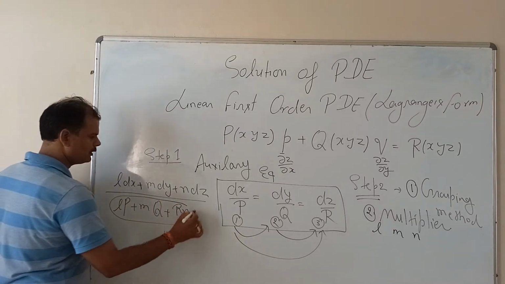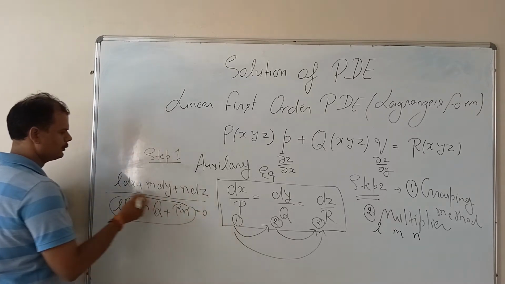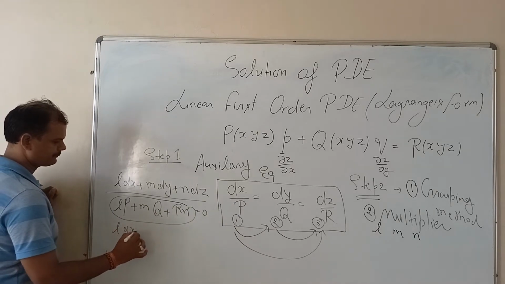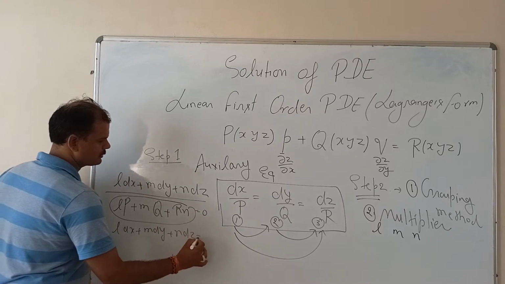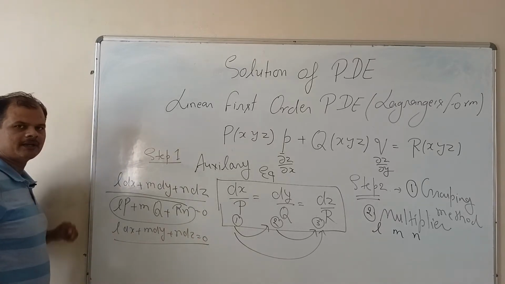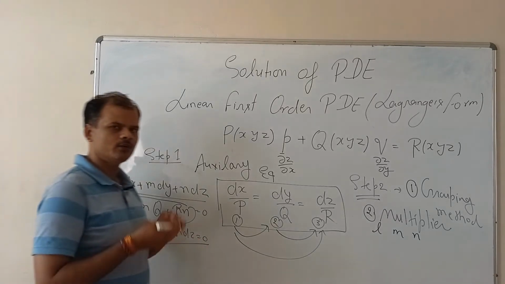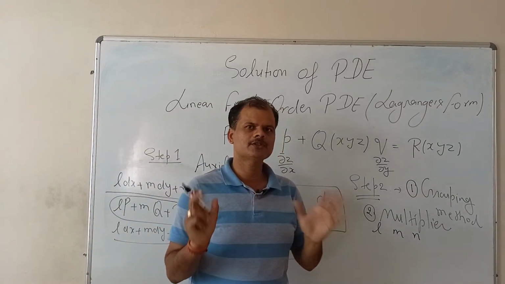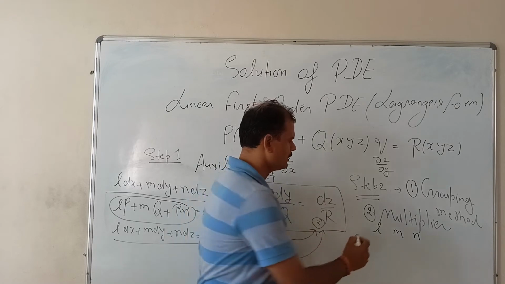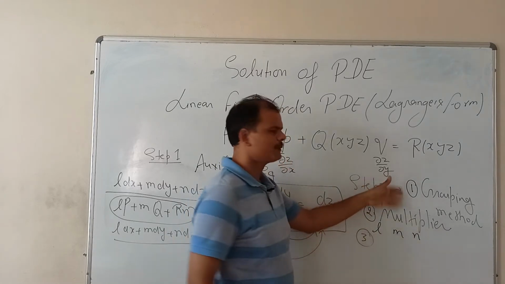If this is 0, then we can solve l dx plus m dy plus n dz equal to 0. So in the multiplier method we try to find multipliers in such a way that the denominator part is 0. Fine. And the third one is a combination of these two.